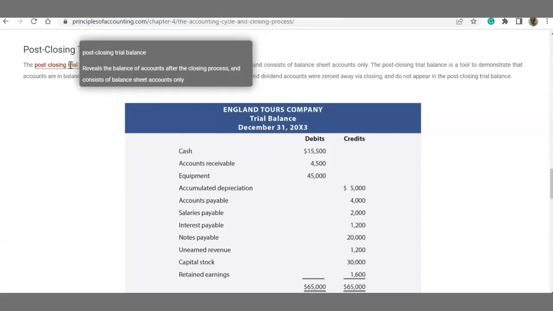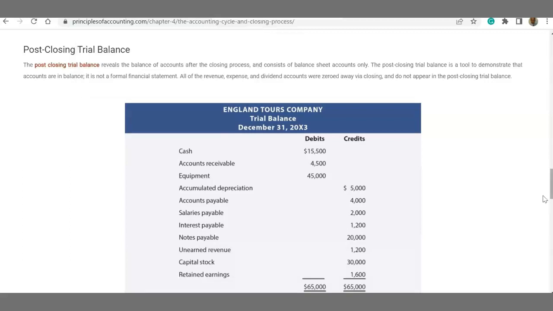Those are in the post-closing trial balance, which reveals the balance of accounts after the closing process and consists of balance sheet accounts only, which is assets, liabilities, and equity.